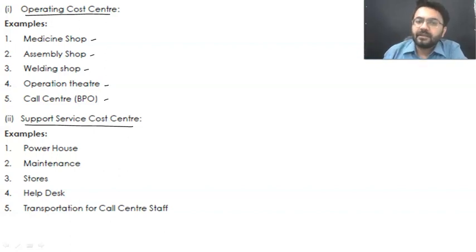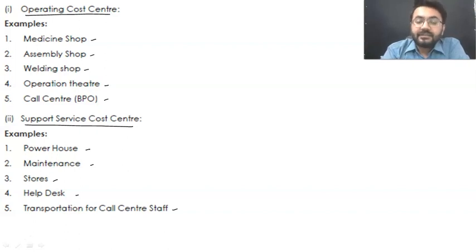They are just giving you various kinds of support services, like the powerhouse and the maintenance part. Maintenance looks after, just like in case you have a lift or various machineries, you need to have good repair and maintenance. Otherwise there will be cut downs, and that can cause a lot of problems. Moving ahead, the next are stores, help desk, and transportation for call center staff.